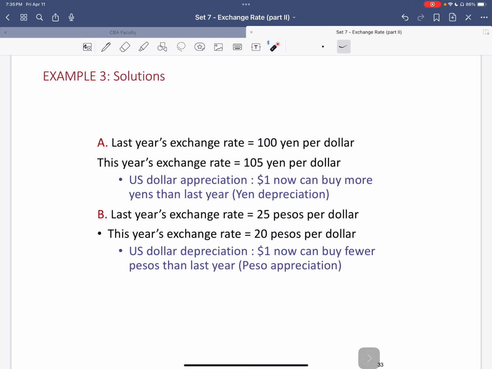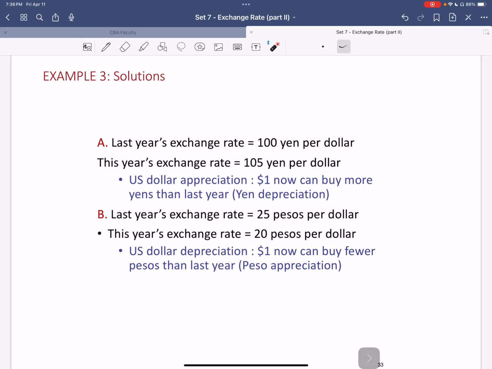The same in part B. Last year's exchange rate was 25 pesos per dollar, and this year's exchange rate is 20 pesos per dollar. So the US dollar has depreciated against the peso. $1 now can buy fewer pesos than last year.